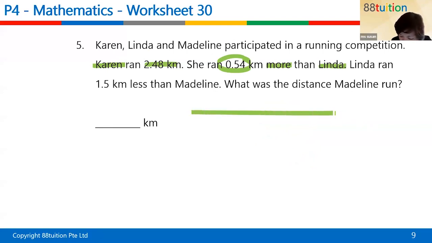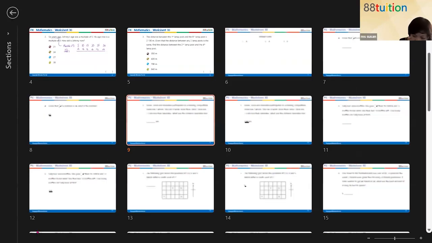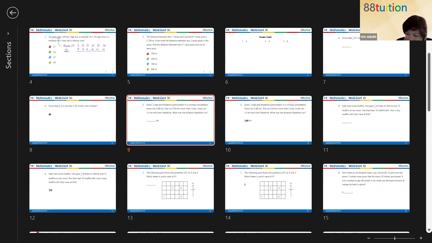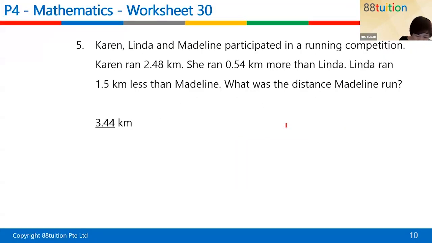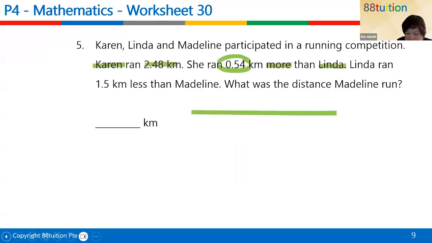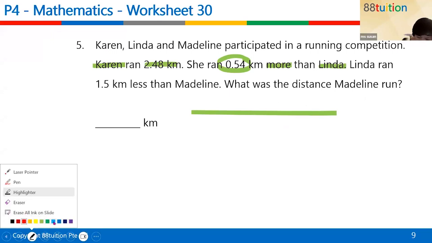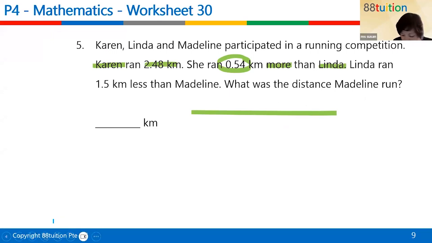So I'm going to draw Karen, and I'm going to draw shorter for Linda. Yeah, shorter for Linda. So I use another color for Linda, right? To show the understanding. So Linda will probably be from here to here, which is 0.54 distance.